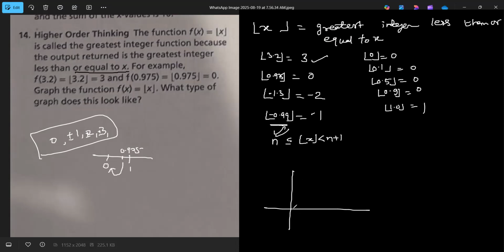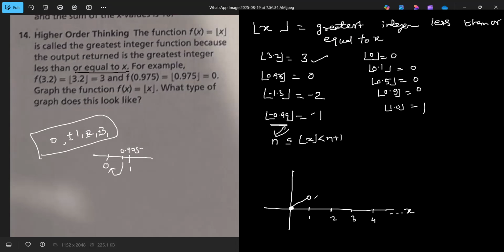So you can see that, from 0, let's suppose this is 1, 2, 3, 4, and so on. From 0 to 1, it is open, right? Yes. So for the value of x from 0 to 1, you will always get 0.